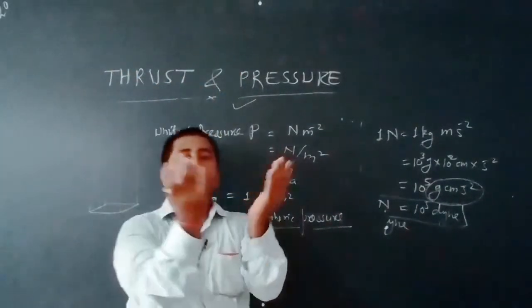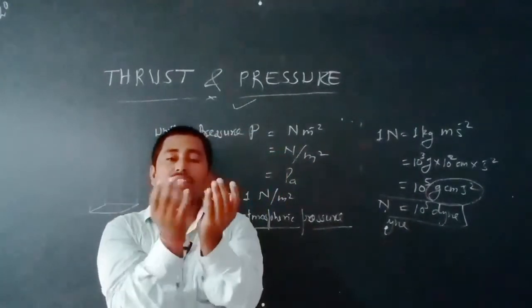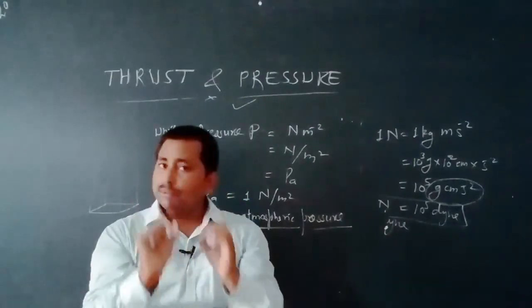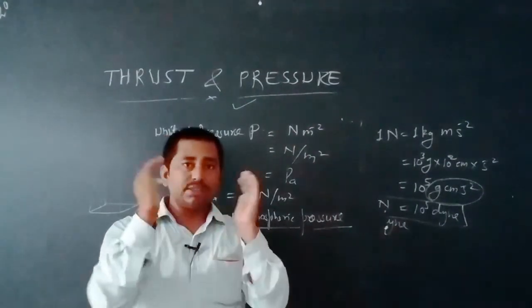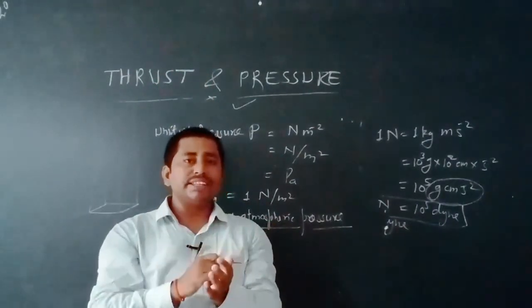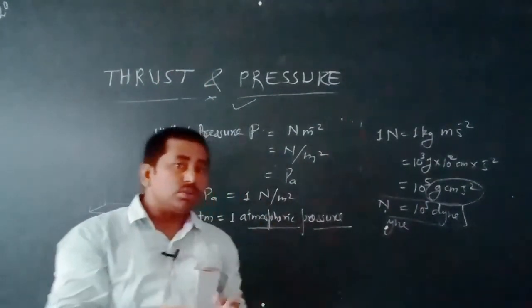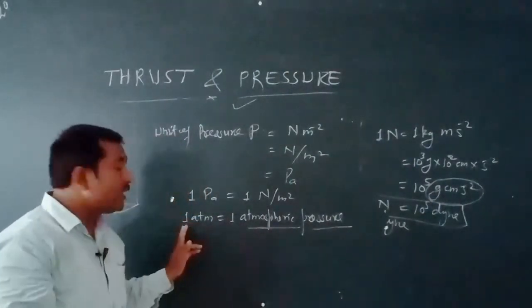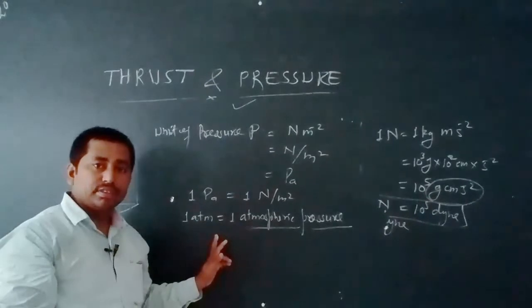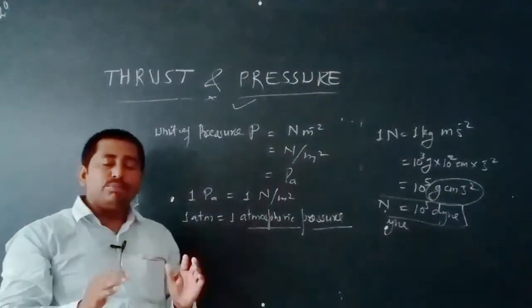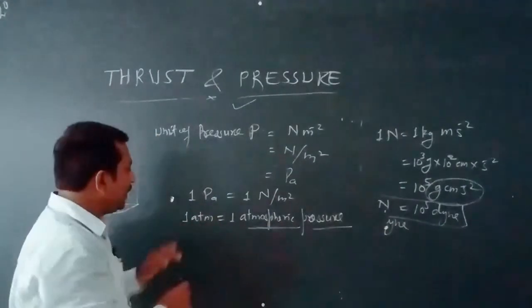So this becomes a cuboid, and the total air column contains some weight. The total weight of the air contained in this cuboid by the atmospheric region will be equal to 1 atm.